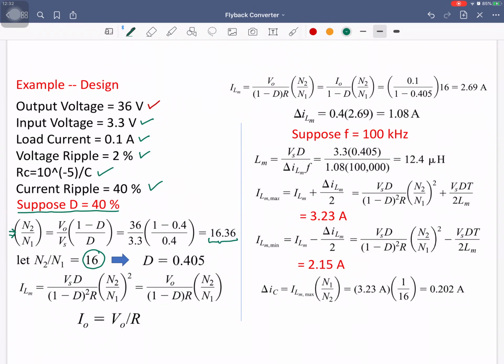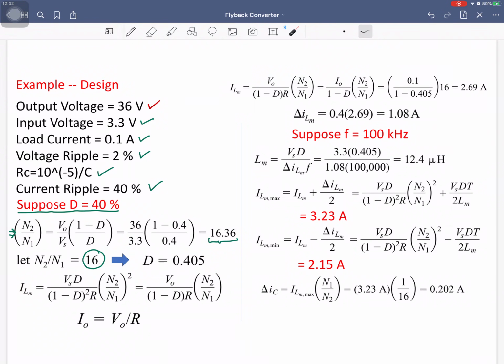And then we recalculate using this expression: if we take N2 by N1 equal to 16 and set our required output voltage and the input voltage, what should be the duty cycle? Duty cycle comes out to be 0.405 with the whole number turn ratio.